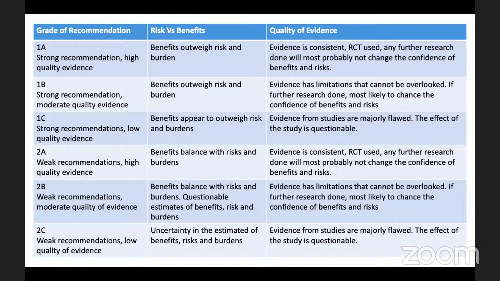If you look at the bottom, you'll see 2C, which is basically the opposite of 1A. It's where you have weak recommendations with low quality of evidence. There's uncertainty in the estimated benefits, risks, and burdens, and the quality of evidence is majorly flawed, and therefore the effect of the study is questionable.